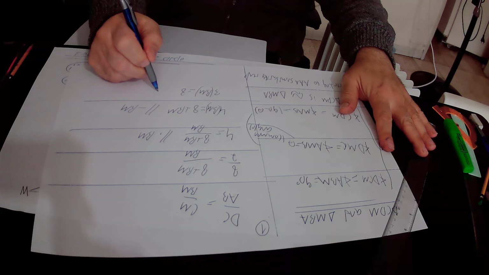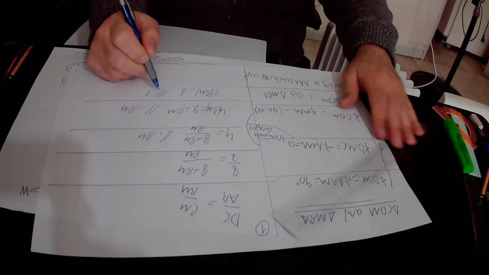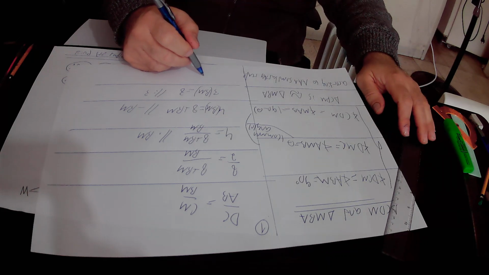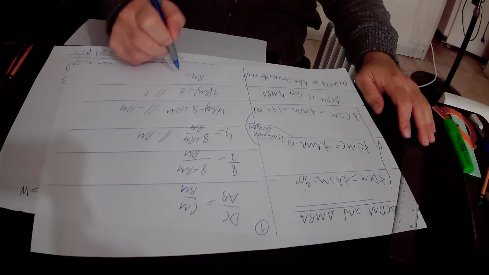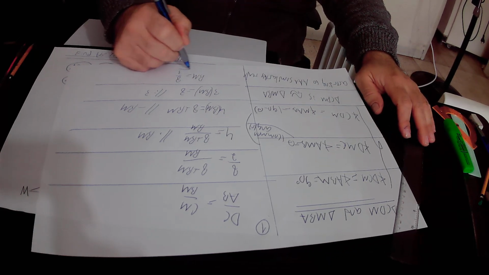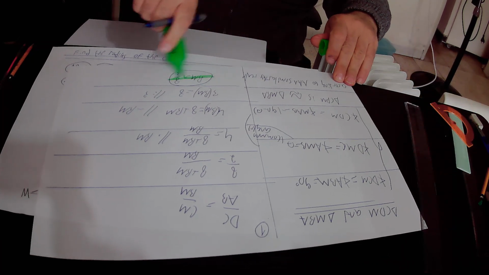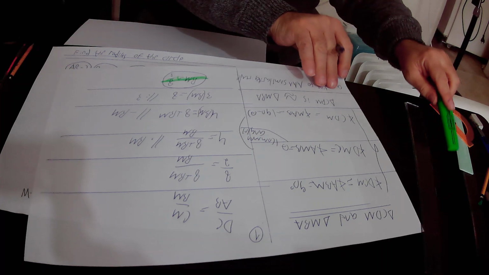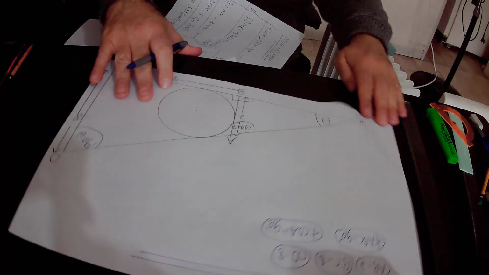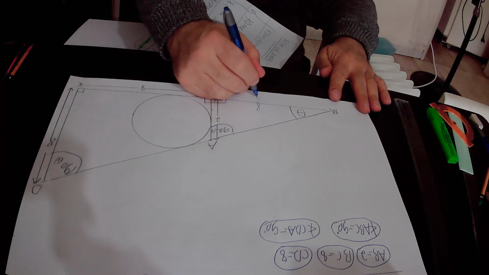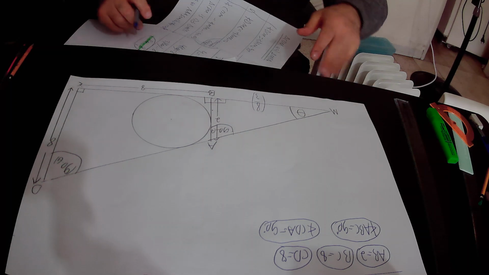Here we'll divide this equation by 3, and finally we'll get that the missing side BM equals 8 over 3 units in length. This side BM equals 8 over 3 units in length.